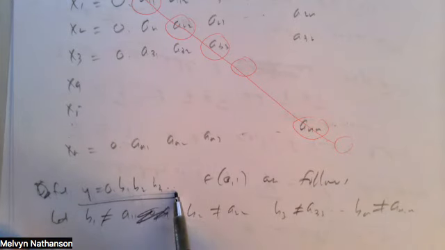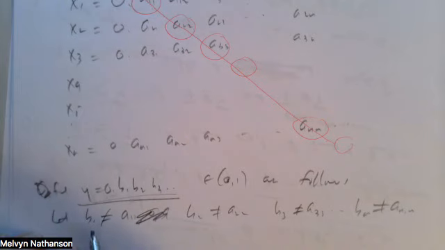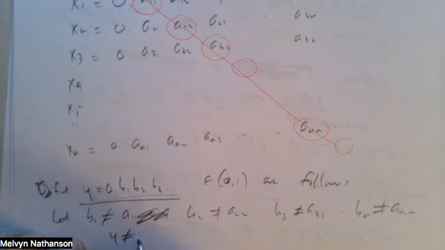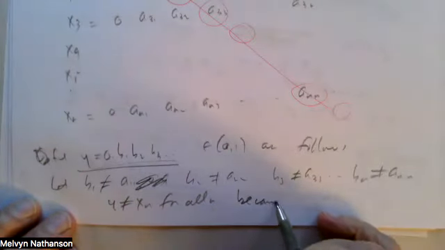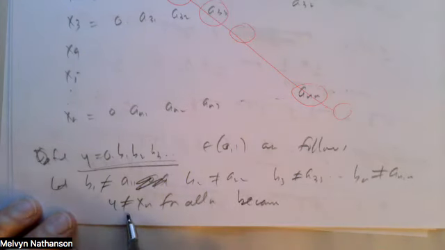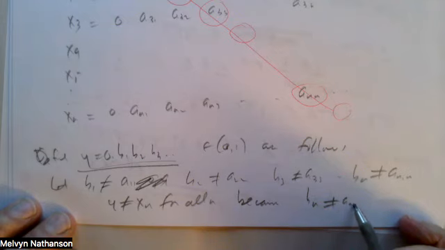It's an infinite decimal starting with 0 point, the integer part is 0. So this is strictly between 0 and 1. It's not 0, it's not 1. And y is different from xn for all n, because they differ in their nth decimal digit, because bn is different from ann.